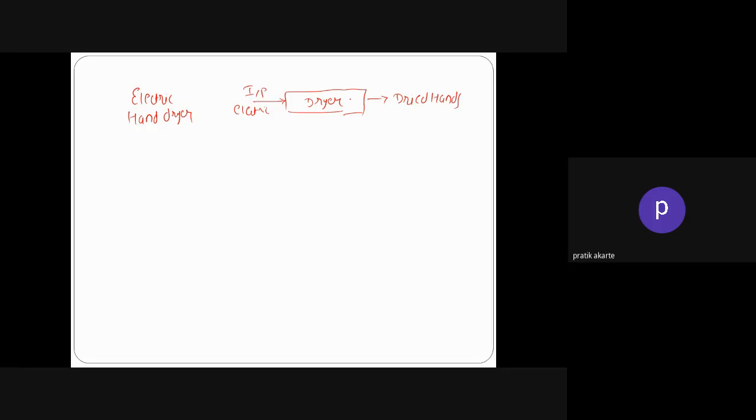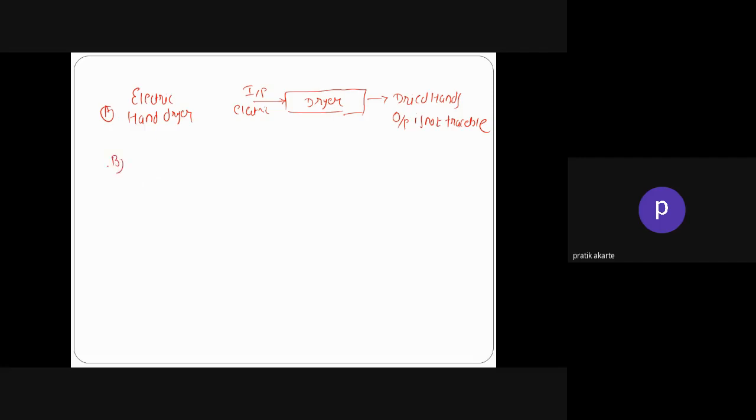That's why it is an open loop control system. The output is not controllable, or instead of saying controllable, we can say it is not traceable. So that's why it is called an open loop control system. This is one example.